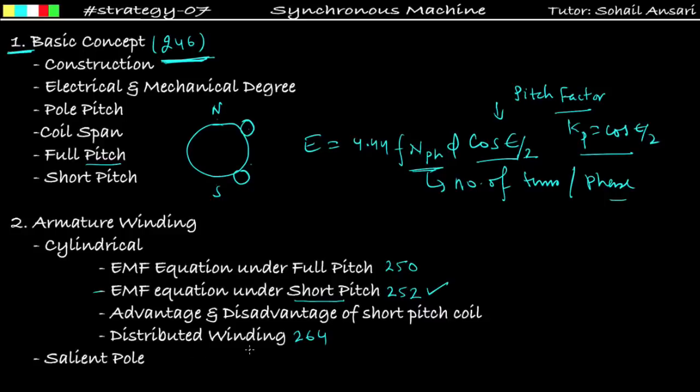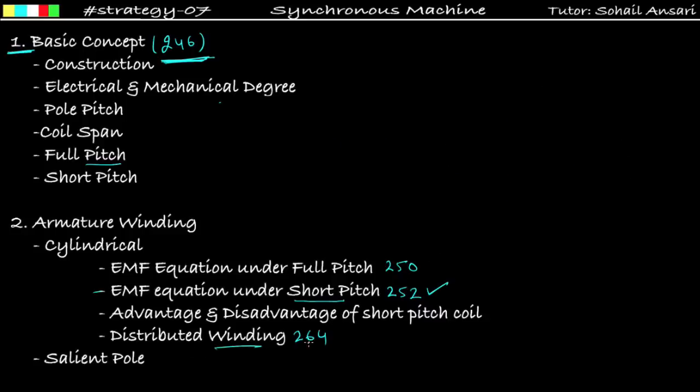Now talking about the distributed winding. The concept of distributed winding you will get on page number 264. So here again one more factor will come, that is Kd equal to sin(m beta by 2) upon m sin(beta by 2).